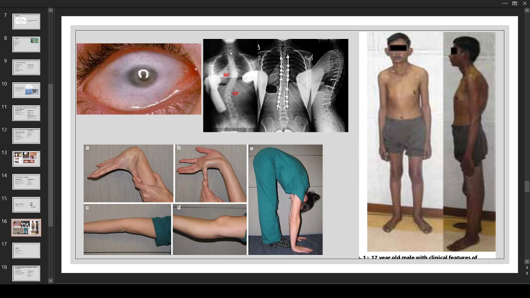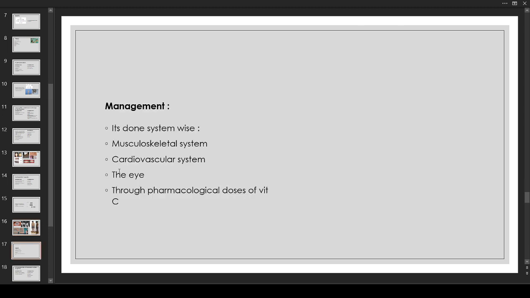Here's the scoliosis, corrected after surgery, as here, and the microcornea.